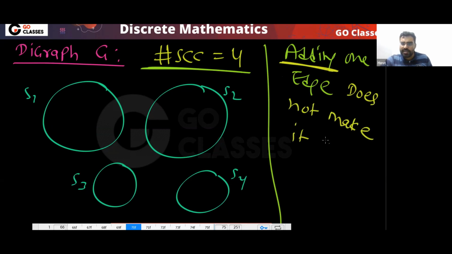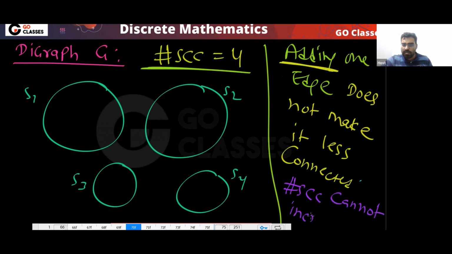Less connected would mean the number of strongly connected components increases. So if you add one edge, it will not make it less connected. I can say the number of strongly connected components cannot increase, because you are adding one edge.